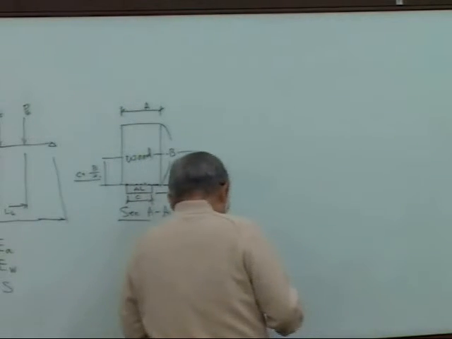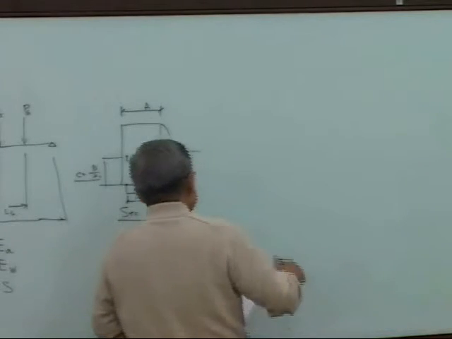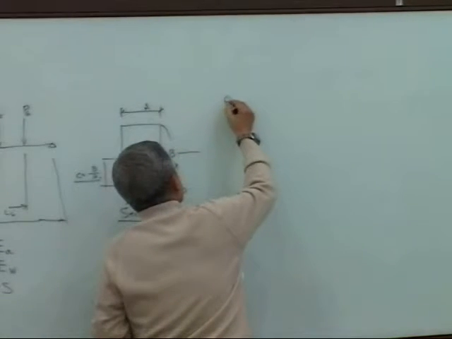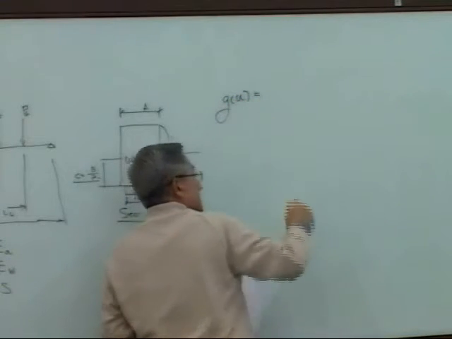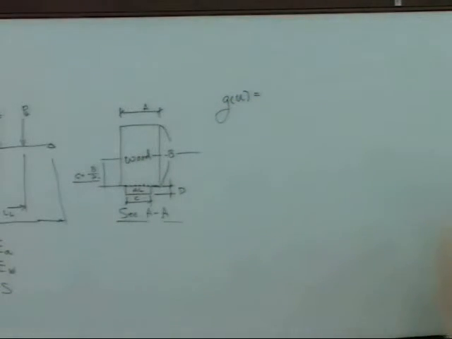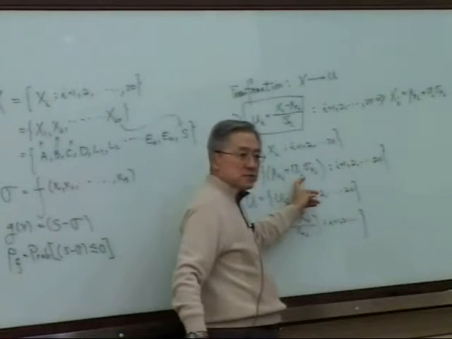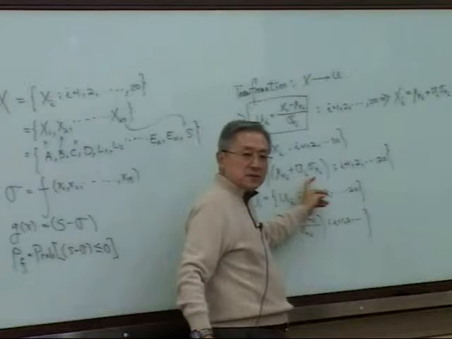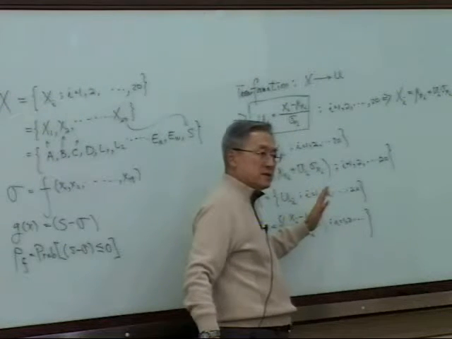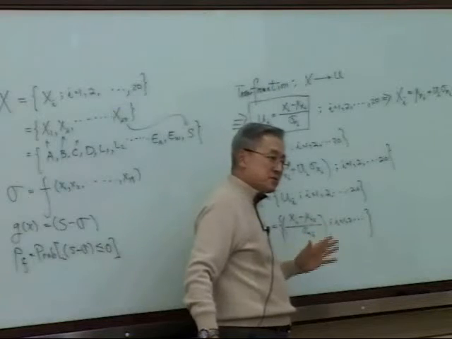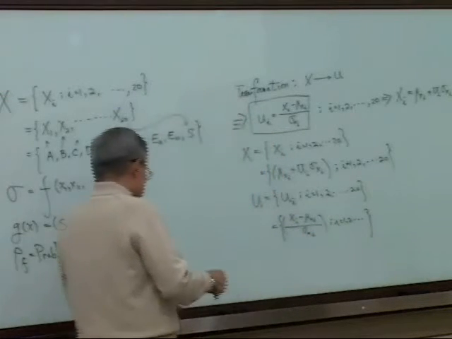Okay, what is it? So G(U), now you have an expression for the performance function. This is a function of the u. The mean and standard deviations are known. That's a fixed value for each random variable.